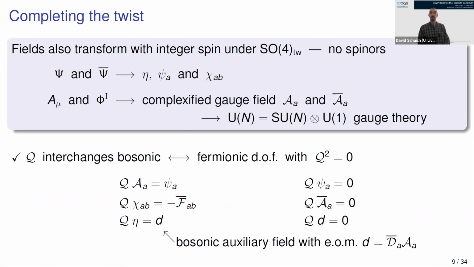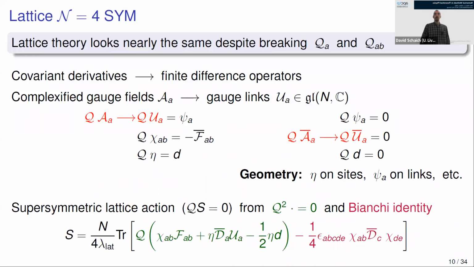Now, with this continuum construction, moving to lattice spacetime is not quite trivial, but it produces a system that looks nearly the same despite breaking 15 out of the 16 supersymmetries. We just have to replace those gauge covariant derivatives with finite difference operators, and the complexified gauge fields themselves get replaced by gauge links, which, as a non-standard method in this approach, unlike what is done in QCD, we keep in the gl(N,C) algebra.